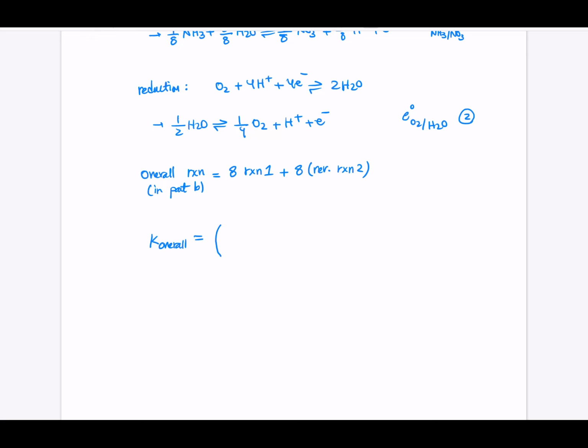Then it would be the K value of the first reaction, which is equal to E0, to the power of 8, times 1 over the K value of the other reaction.